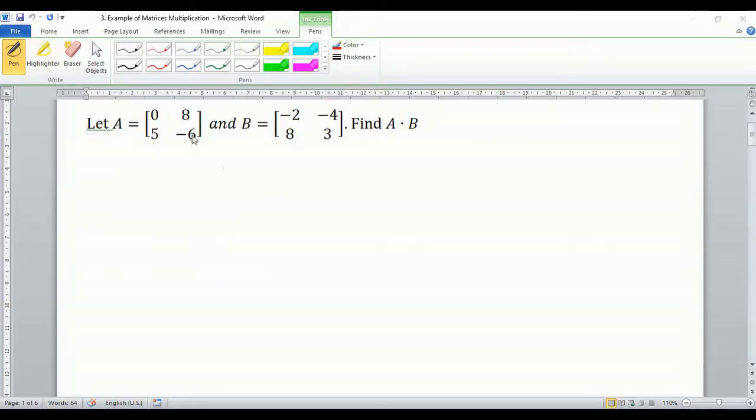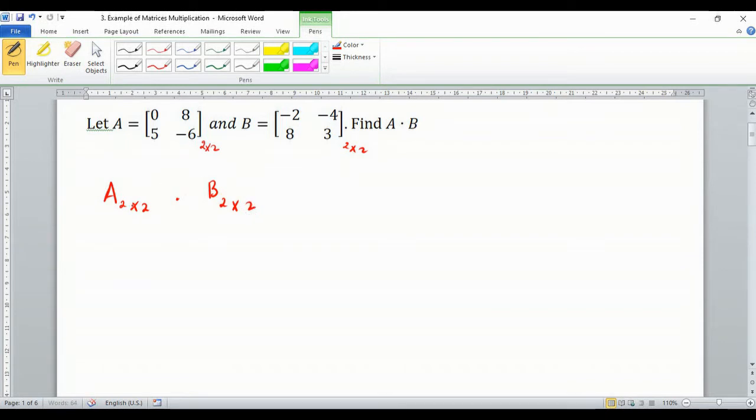Let A equal 0, 8, 5, -6, which has order 2 by 2, and B equal -2, -4, 8, 3, with order 2 by 2. You need to find A times B. Remember, A has order 2 by 2 and B has order 2 by 2.